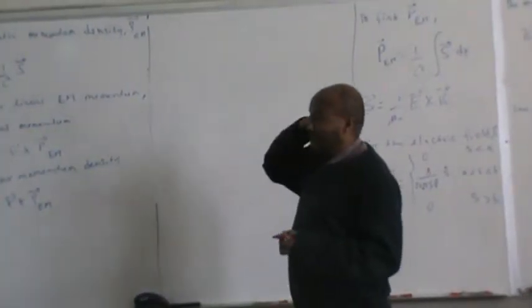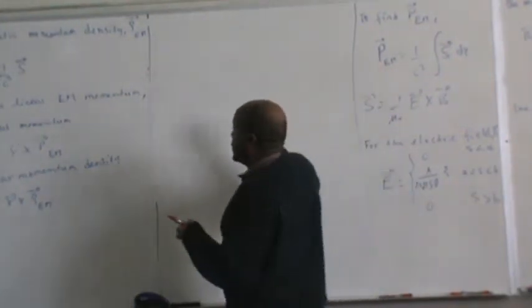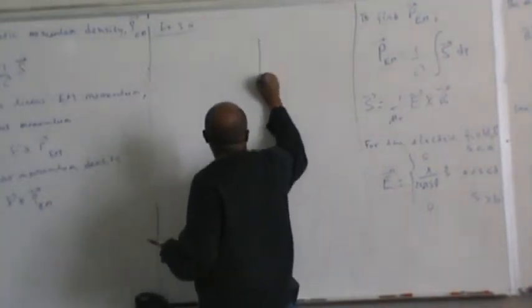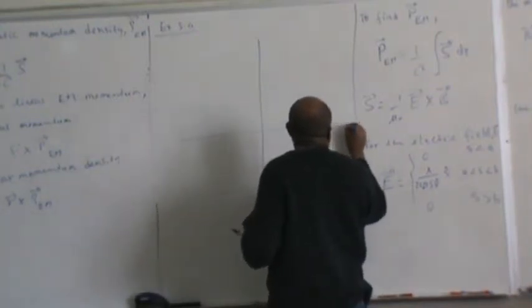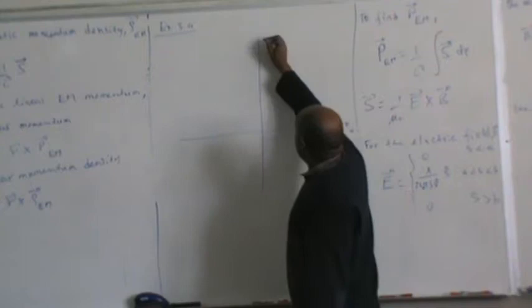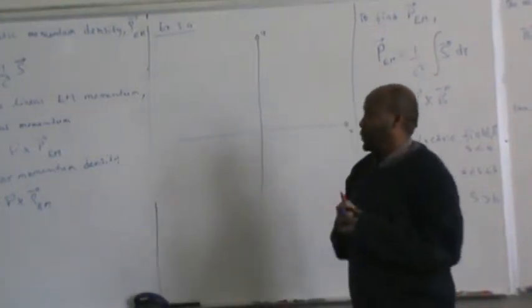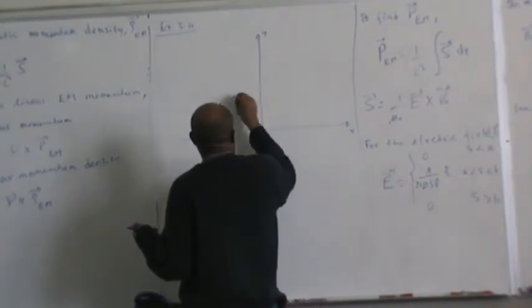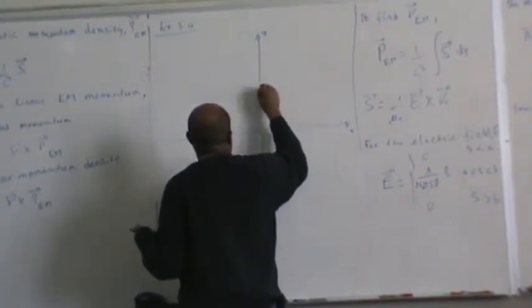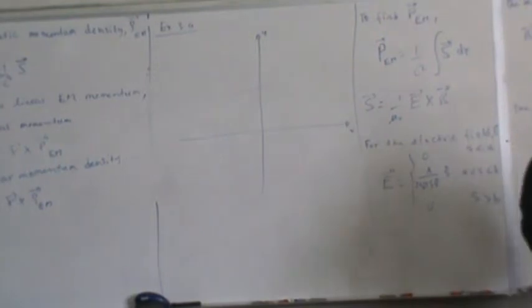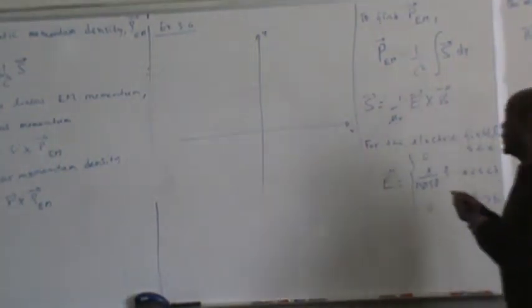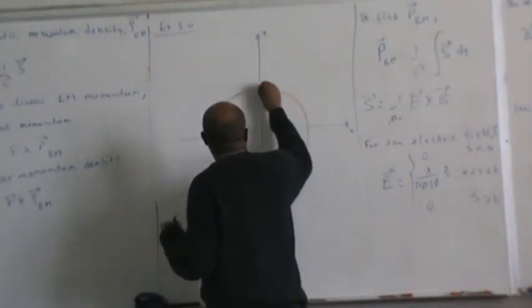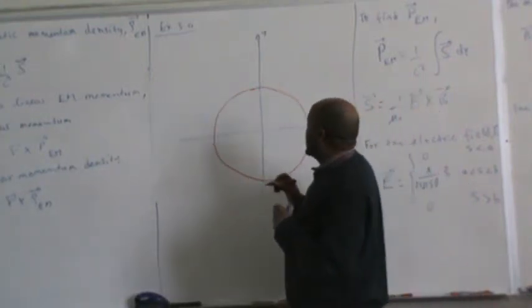So if we just look at the two-dimensional view from the top here, if this is X, Y, you have a solenoid that has radius r.